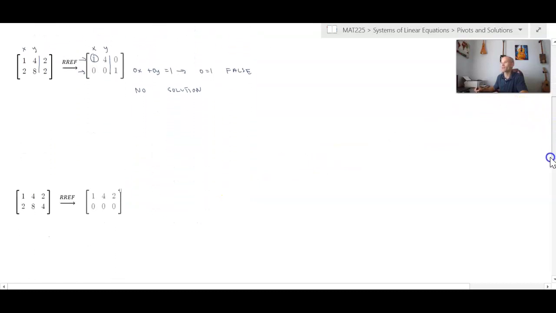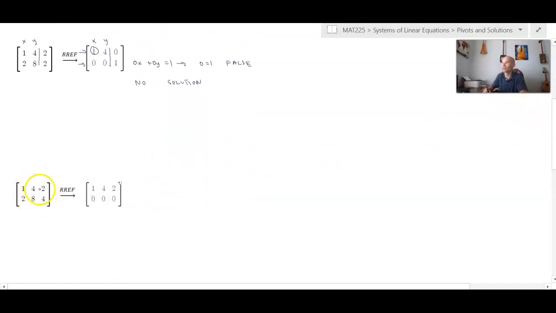Let's look at a slight variation of this. Let's say we change that constant, same system, except we have 2x plus 8y equals 4. And 2x plus 8y equals 4 is the same thing as 1x plus 4y equals 2 if you divide both sides by 2. So these are actually the same line, and I've designed it that way intentionally.